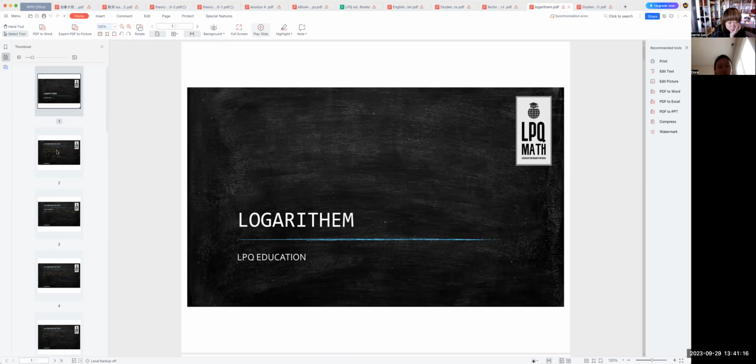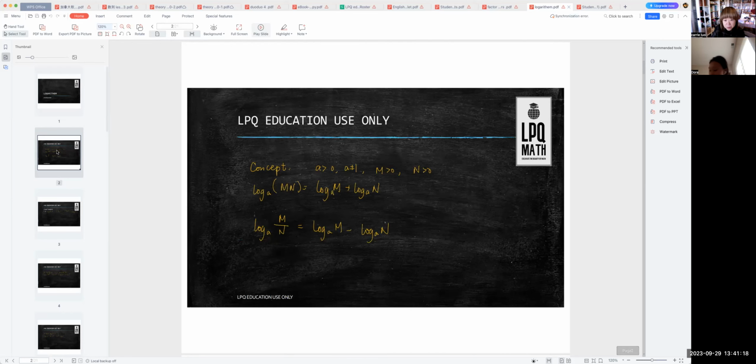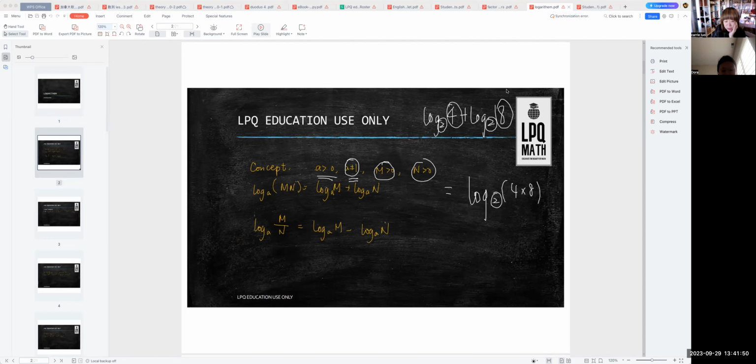So the second one is we have a concept, okay? If you have, for instance, log 2 of 4 plus log 2 of 8, it basically equals log 2 of 4 times 8. But there's a very important thing, okay? The base must be bigger than 0, and the base cannot equal 1. And also m and n, both these two numbers must be bigger than 0 as well.